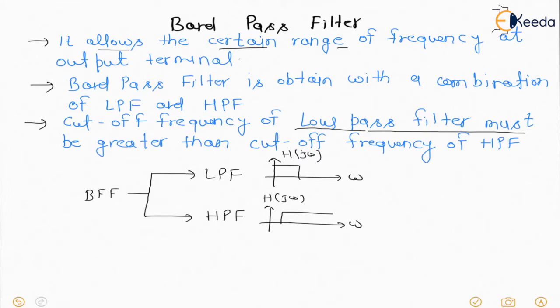Let us assume we have low pass filter having cutoff frequency of 500 Hz and we are having cutoff frequency of high pass filter that is 200 Hz.